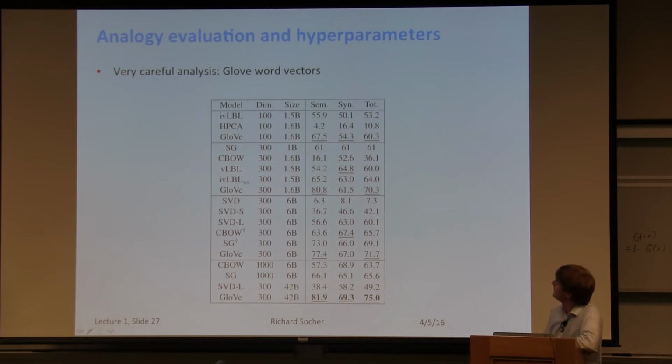And now here we basically try to disentangle what matters more, the dimensionality of the word vectors versus the size of the training corpus. So, for instance, if you take the GloVe vectors, they're 300 dimensional, and you train them on 6 billion tokens, then you would get an accuracy of 71 in terms of these word analogies.